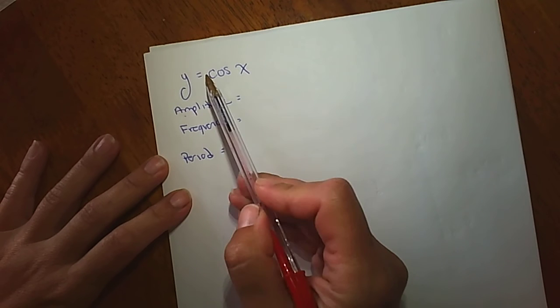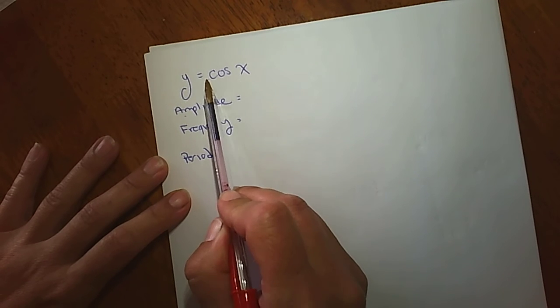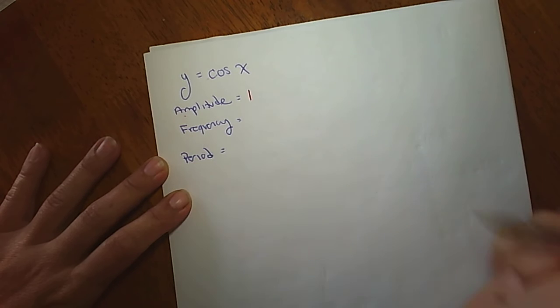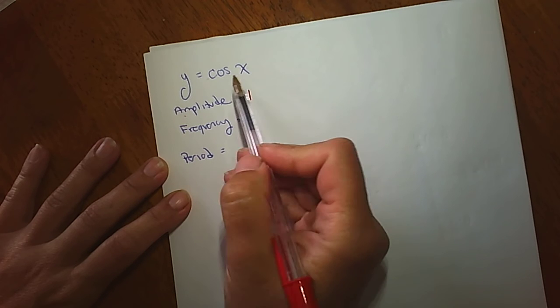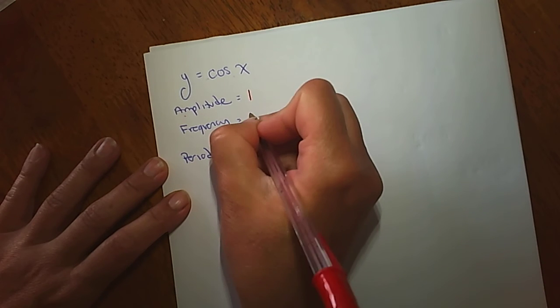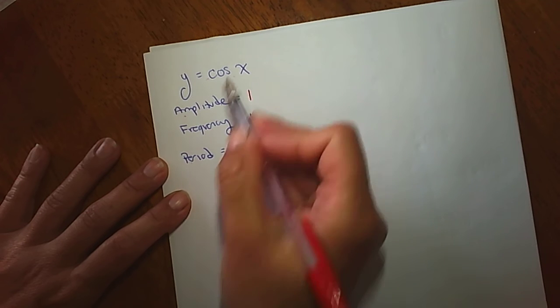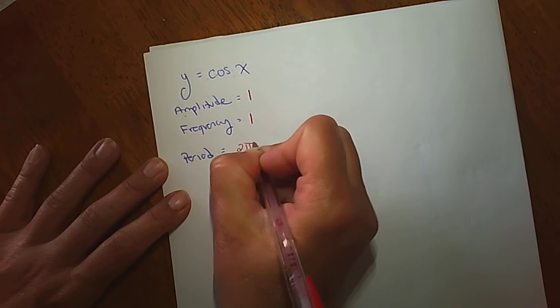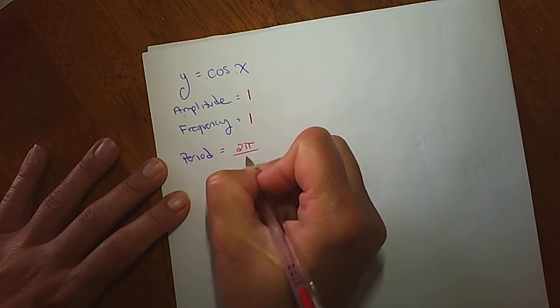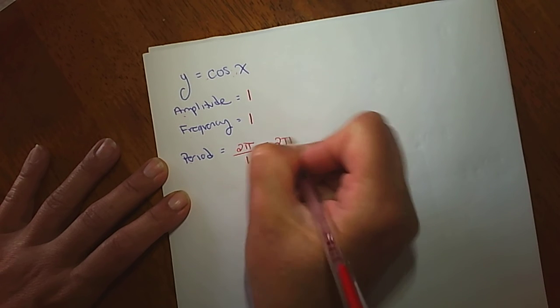Amplitude is always going to be the absolute value of the number out in front, so that's 1. The frequency is always the number in front of the x, 1. And the period is always 2 pi over the b, the frequency. So it's going to be 2 pi.